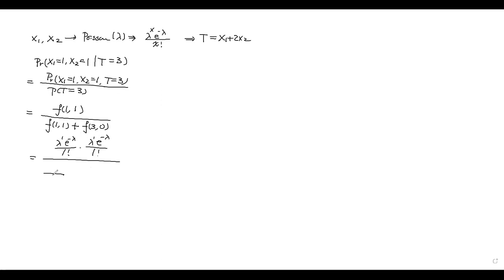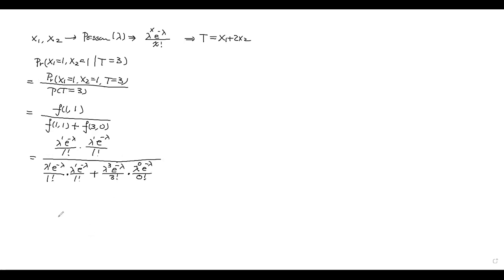The denominator is the same thing, plus X1 equal to 3, which is lambda cubed e to the negative lambda over 3 factorial, times X2 equal to 0, which is lambda to the 0 e to the negative lambda over 0 factorial.